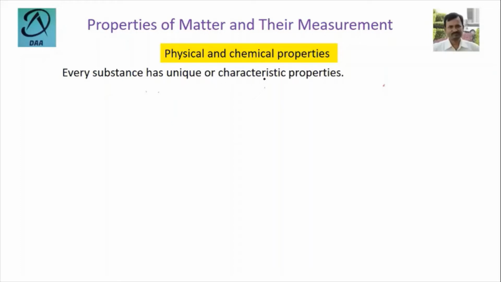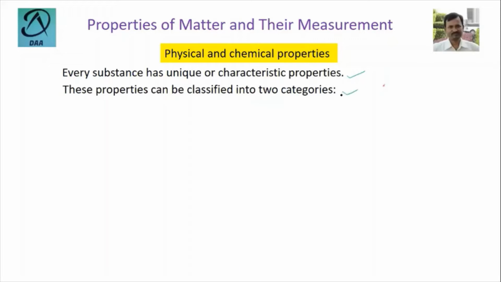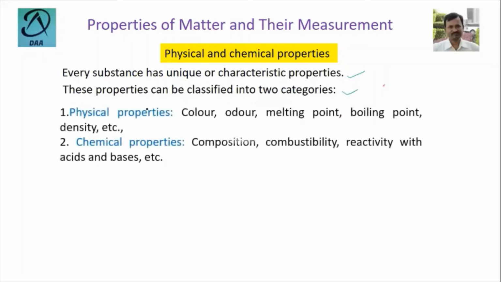Every substance has unique or characteristic properties that we know. These properties can be classified into two categories. Number one, physical properties.